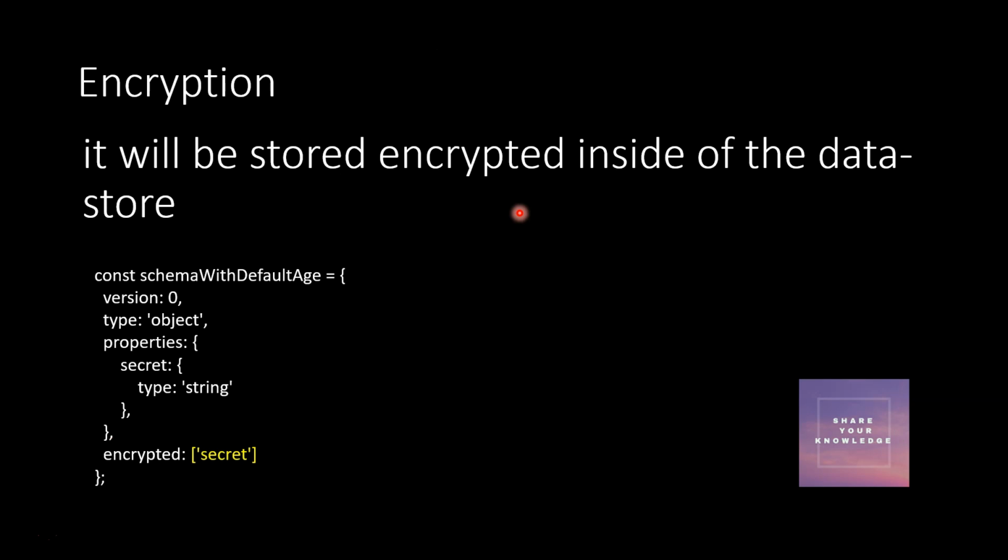The other most important thing is encryption. In many cases, such as passwords, you want the data saved on the browser side, the client side, to be encrypted. You don't want anyone to see the data. In that case, you can specify in the schema used for creating the collection that you want a particular field to be encrypted, and it will be encrypted.